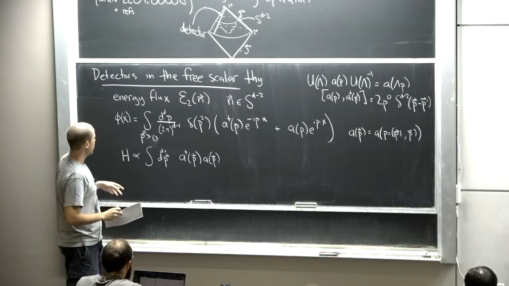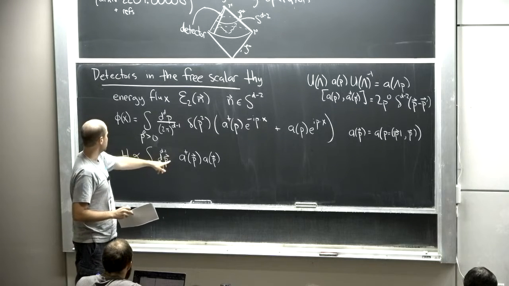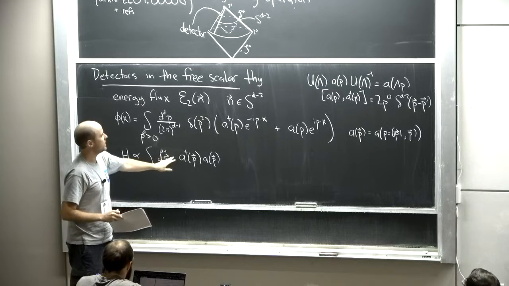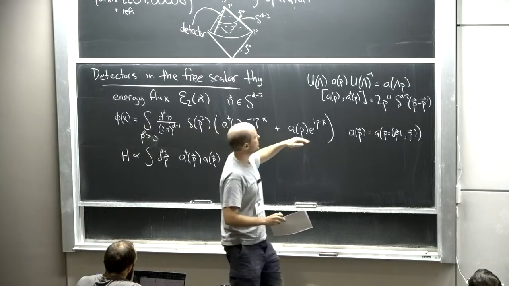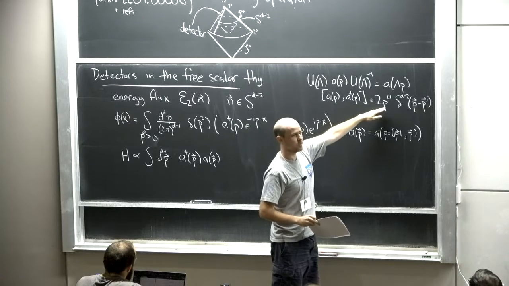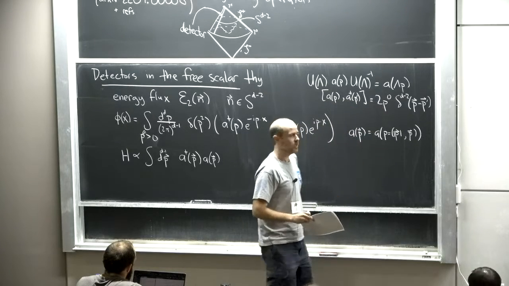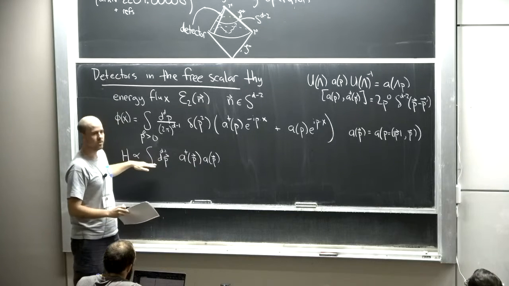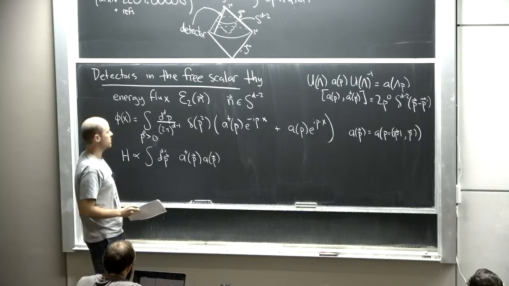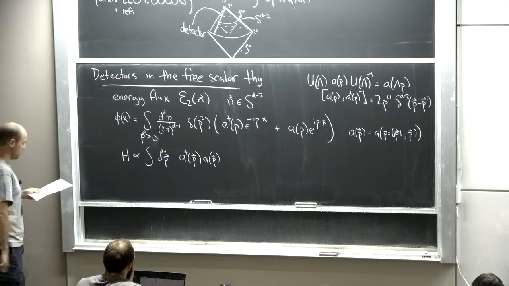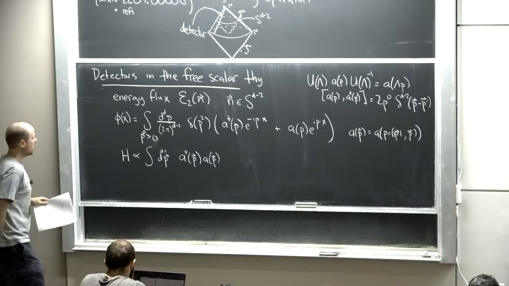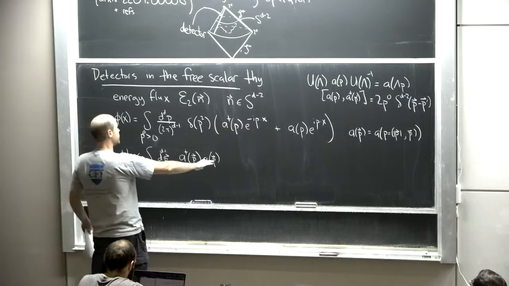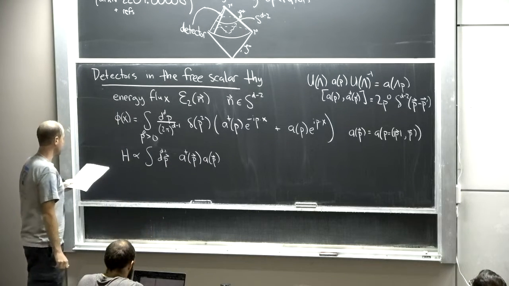And you might be wondering, wait a minute, isn't this supposed to be energy? Aren't we supposed to have a factor of energy in here? Well, that's related to the fact that we're using a different normalization where the energy appears in the commutation relation of the a's. So you should check for yourself that this actually does have units of energy, okay? And is the correct expression for the Hamiltonian in this normalization. So to get the energy flux, we just split this into different contributions corresponding to different angles.